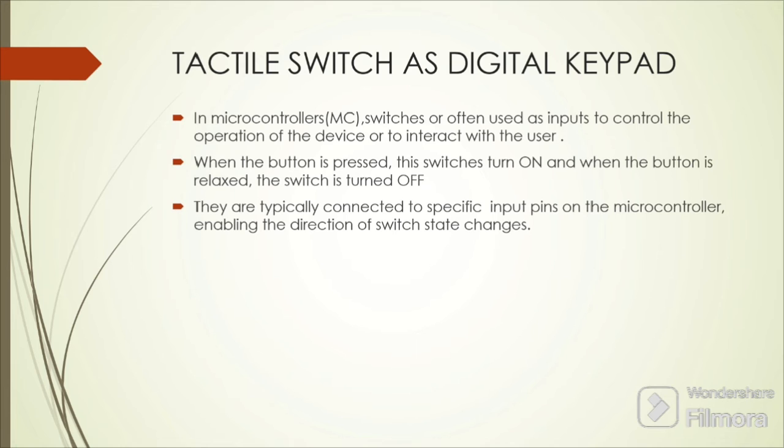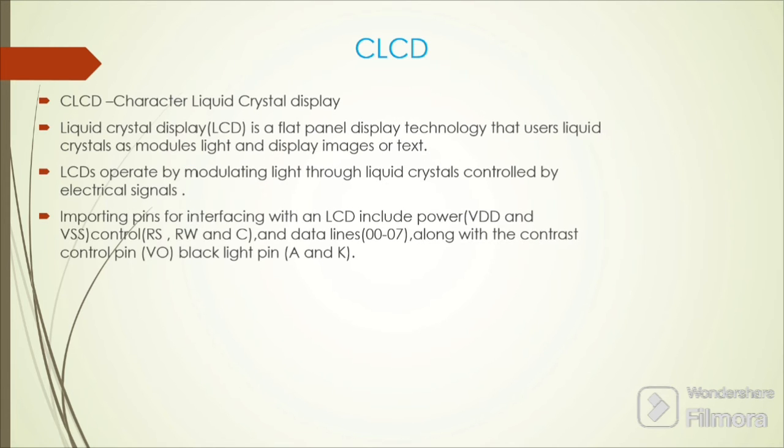And coming to the next one, that is CLCD, character liquid crystal display. It can be used to display characters and some extra characters on the LCD display, and it is operated by a liquid crystal controlled by the electric signal. The main pins in this LCD are VDD and VSS for power supply and ground.